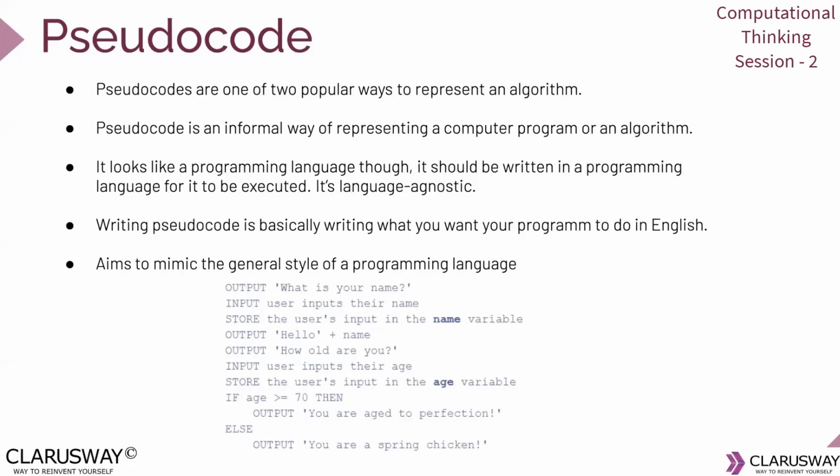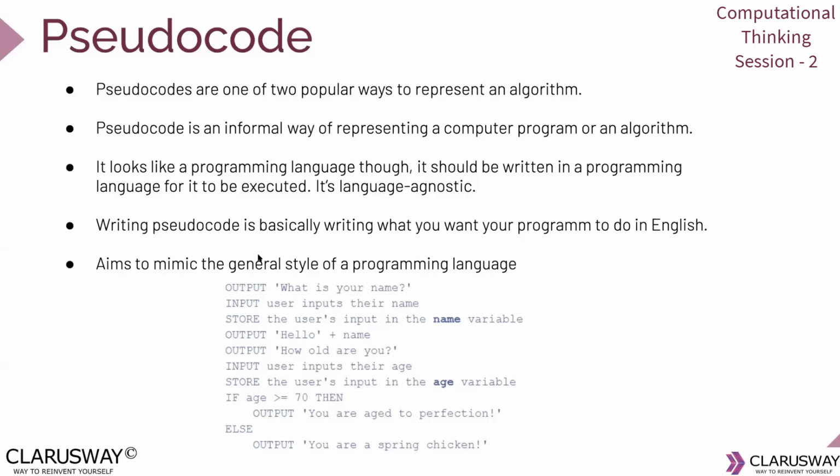It's language agnostic. So what does this mean? It is not for computers. The meaning of the algorithm is for computers, but the computer is not going to be able to understand that meaning in that format. So after writing it down in pseudocode in this simple, basic, plain English-like language, you have to convert that into an actual programming language. No matter what it is, you have to convert it to one of the programming languages.